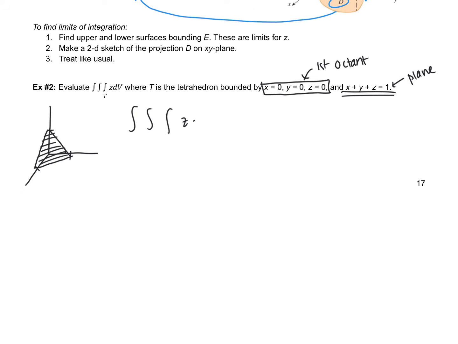In this case, if we want to integrate with respect to z first, it goes from 0 to the plane. You're going to have to be able to visualize that. It's a little hard for me to show you, but we start on the xy plane and we go up until we hit this plane, x plus y plus z equals 1. So to find the upper limit of integration for z, I'm going to solve and I get z is 1 minus x minus y.